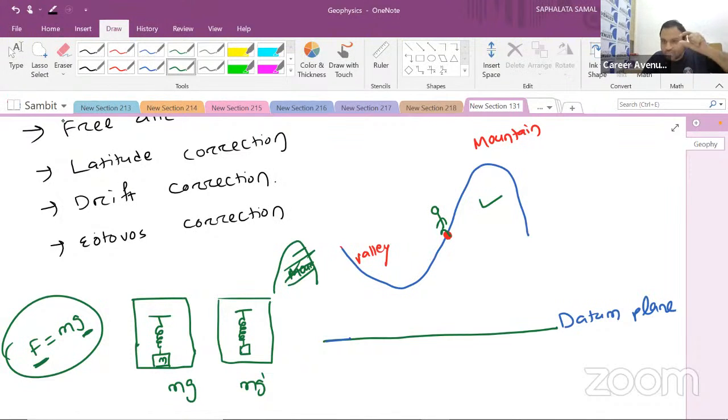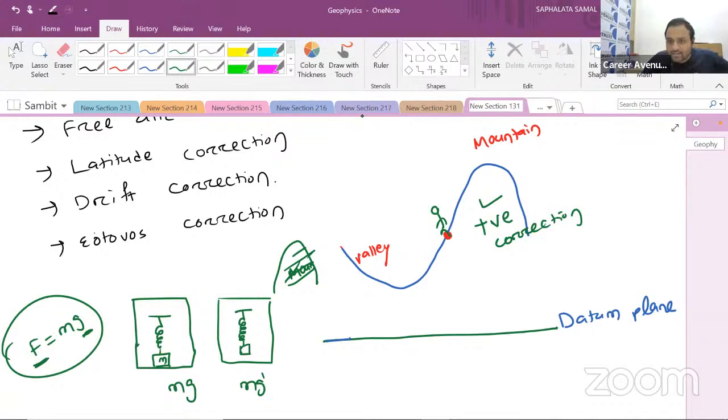The spring will be squeezed. So the weight measurement, or the g measurement, will come out less. So you have to add some value to the measured value to find the corrected value of gravity. So we are adding the value. Positive correction.